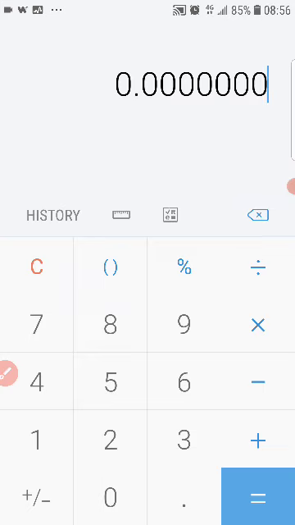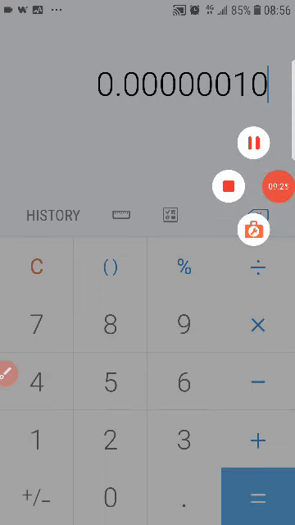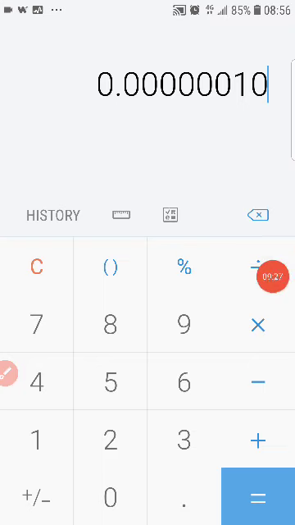So now, this is 1 Satoshi. This is 2 Satoshi. This is 3 Satoshi. 4 Satoshi. 5 Satoshi. Let's say 9 Satoshi. Then we now carry 1, it becomes 10 Satoshi. You can see 11 Satoshi. Let's say 20 Satoshi. 90 Satoshi. 99 Satoshi.